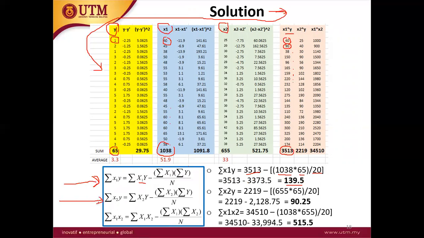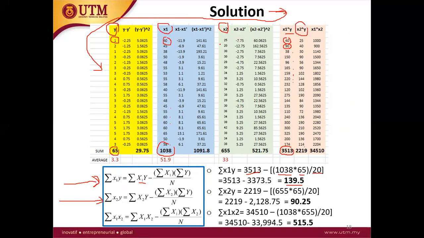Second, the sum of x2y. x2y is given by the sum of x2 times y.